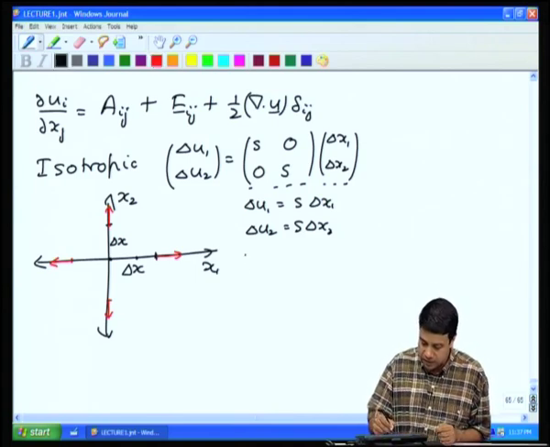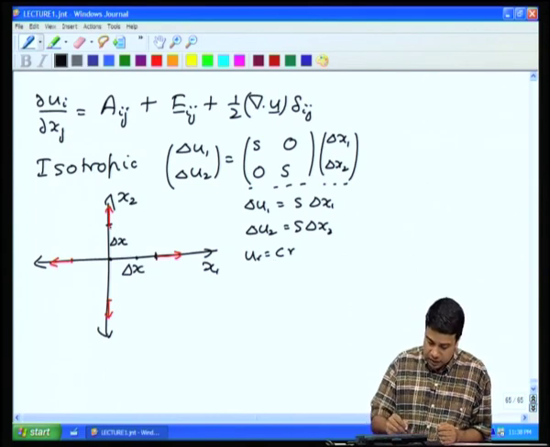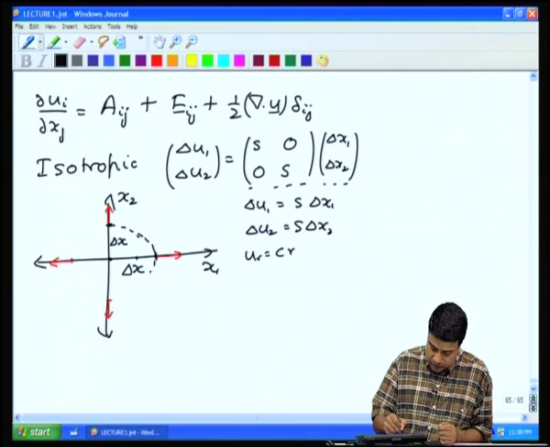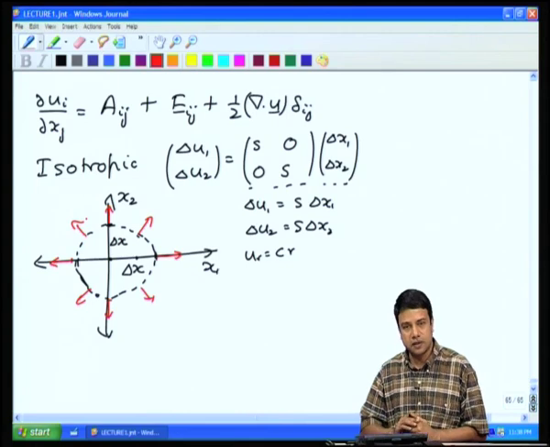If you recall, we had said that u r is equal to some constant times r and u phi is equal to 0. So, these are along the coordinate axis, but if I draw a sphere around this, and I calculate the velocity at various points, you find that the velocity due to this isotropic part is radially outward.